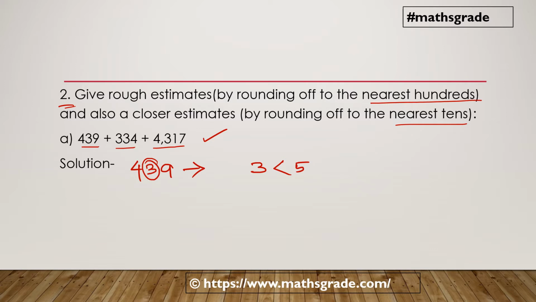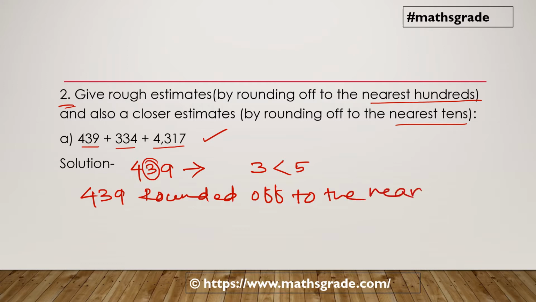Just write down 4 as it is and write down 0 in the tens place and unit place digit. That is, 3 and 9 change to 0. So 439 rounded off to the nearest hundred is 400.